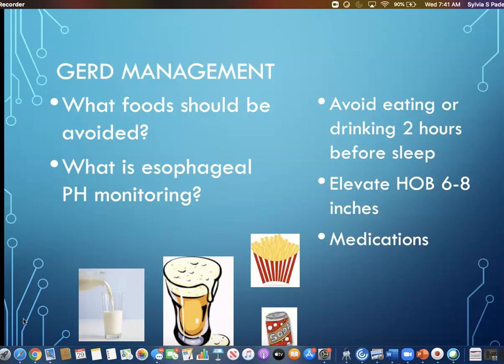So the epidemiology for GERD is that it results from backward flow of gastroduodenal contents into the esophagus or adjacent organs, and it produces a variety of symptoms that may or may not cause tissue damage.